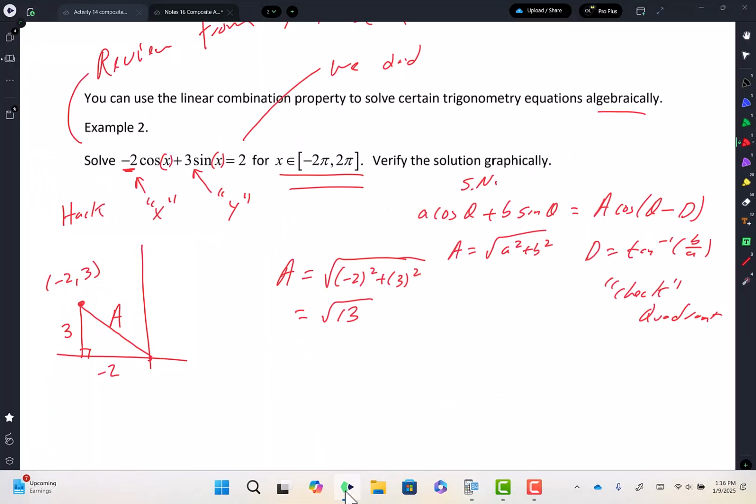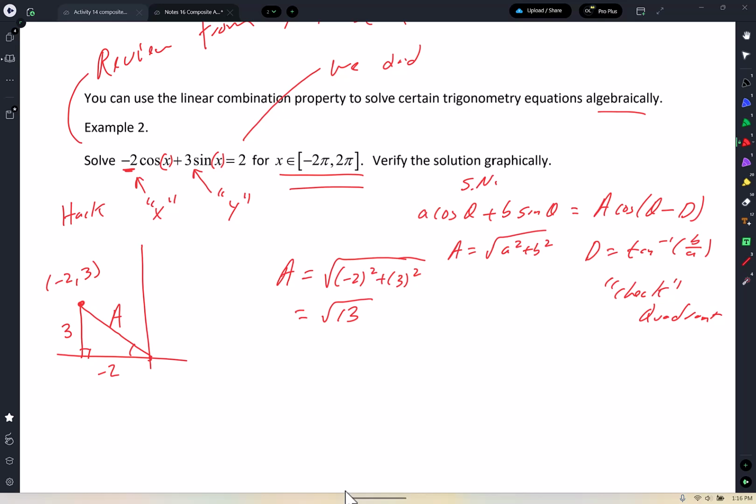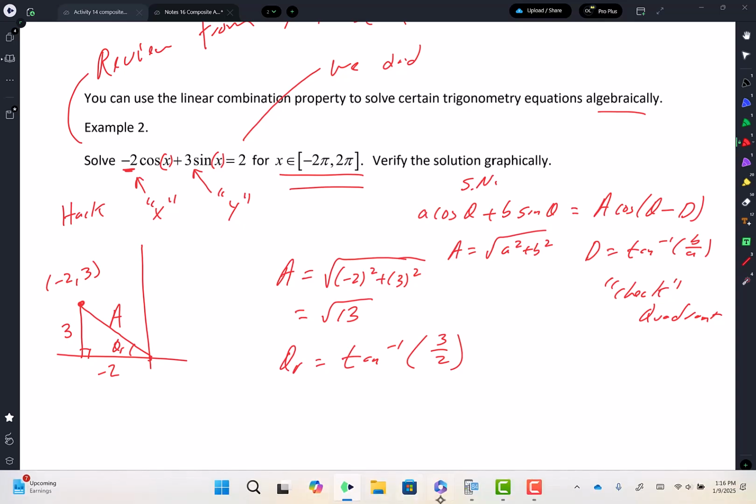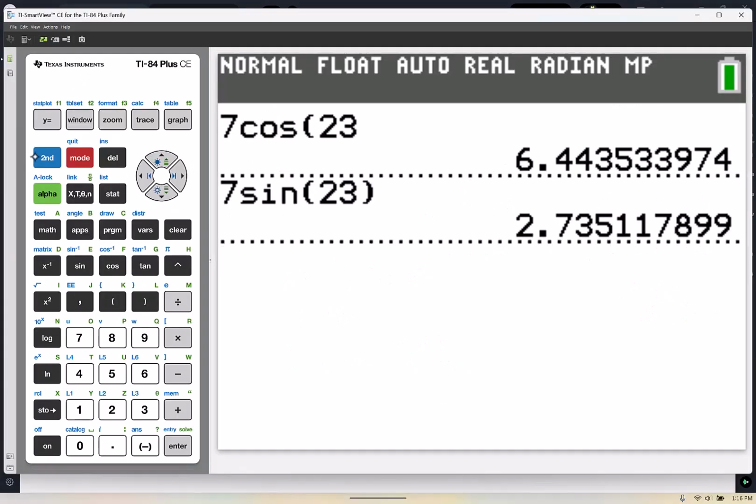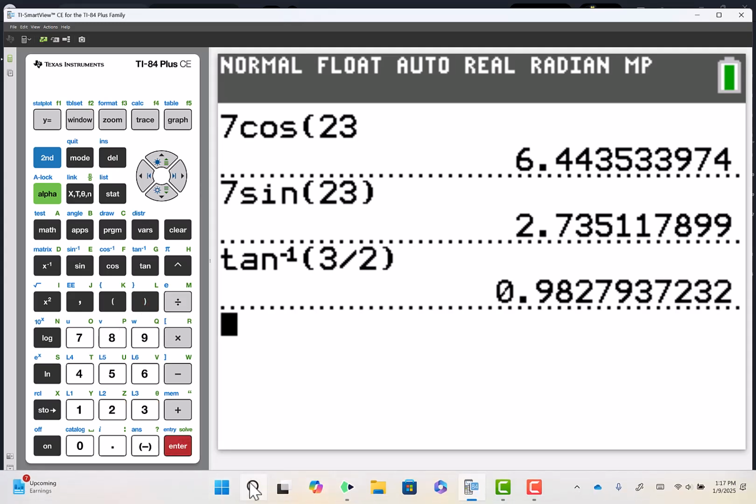All right, so here we go. First, I find this angle, theta r. So I'm going to write theta r equals arctan, hopefully you remember, 3 over 2. Notice that I didn't put a negative because your reference angles are never negative. So I'm going to go arctan of 3 over 2, and there it is, 0.98279.